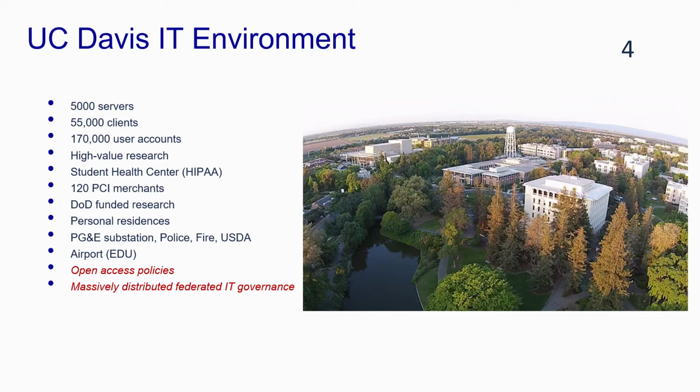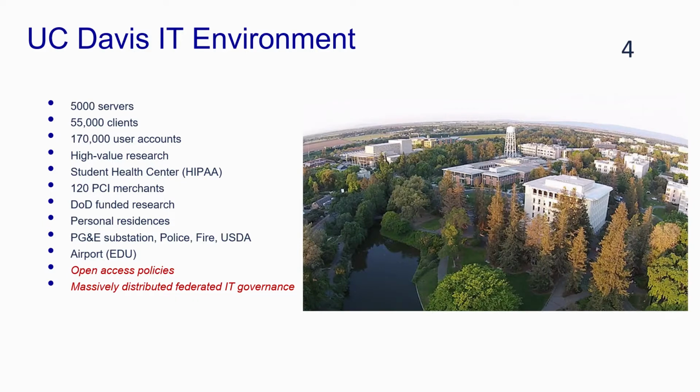We'll have a different set tomorrow, but on any given day, 50,000 laptops, workstations, whatever. And then we have about 170,000 users in our identity management system. So that's large, and we have to deal with that. It's no surprise that we have a lot of high value research here at UC Davis, and that can be quite the target for our attackers.